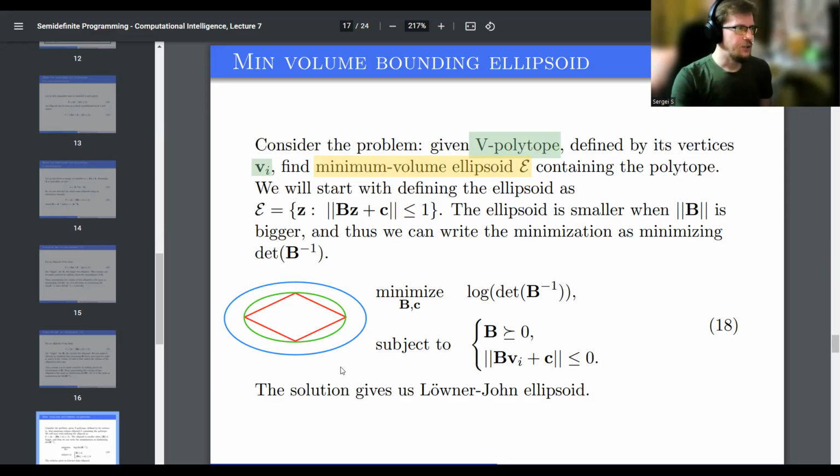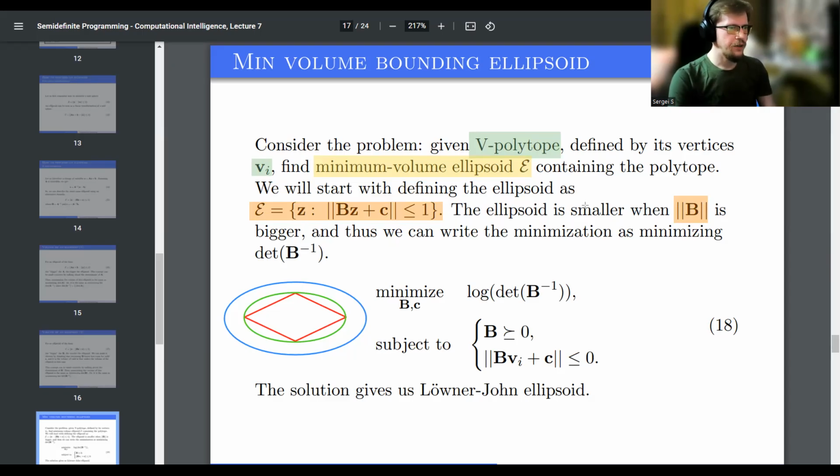All right. So let us define the ellipsoid in this form: epsilon equals all z such that the norm of Bz plus c is less than or equal to 1. We want to find the smallest volume ellipsoid. The ellipsoid is smaller when the determinant of B is bigger.